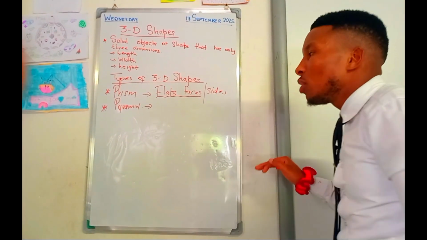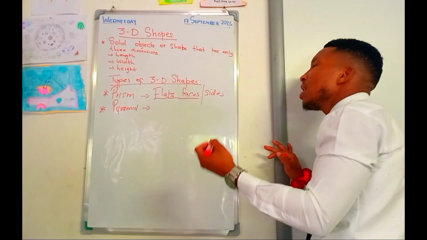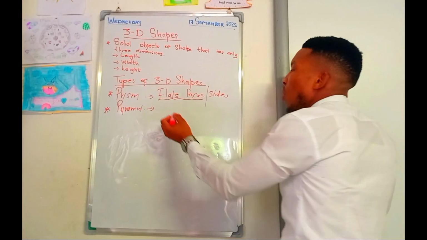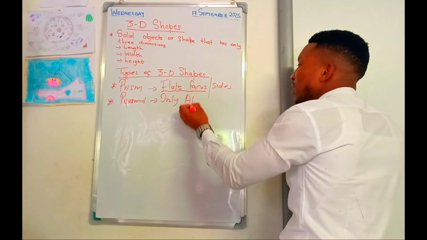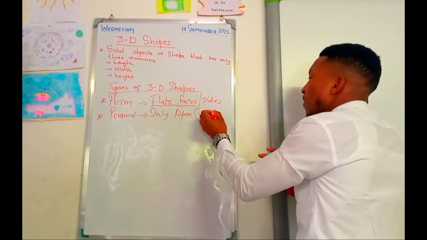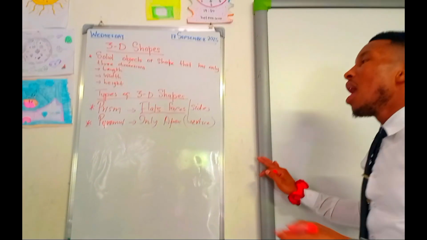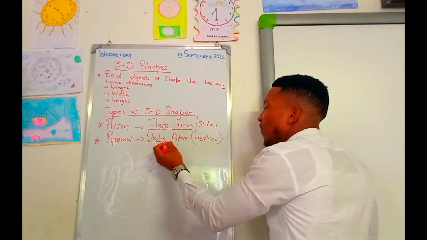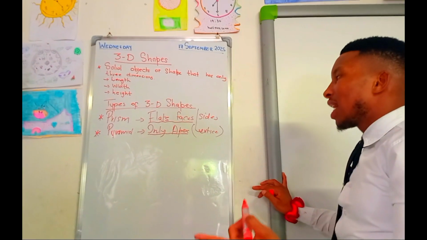A pyramid, we normally say that it is a pyramid only if it has only one vertex or only one apex. Okay, therefore we call it the vertex or the apex. Then we call it a pyramid if the shape has only one apex or sharp vertex.